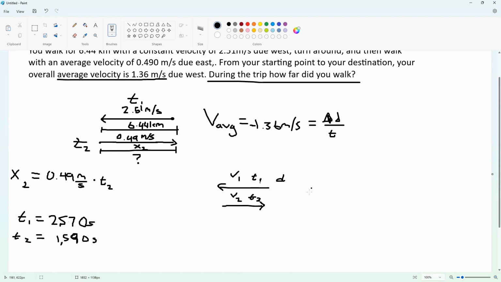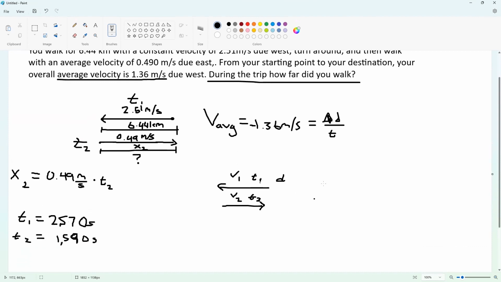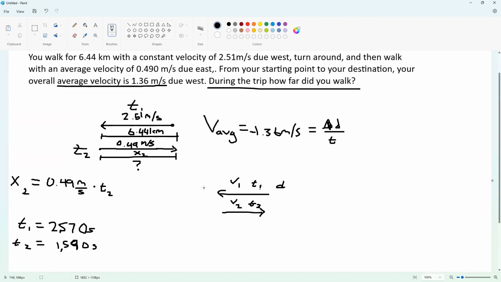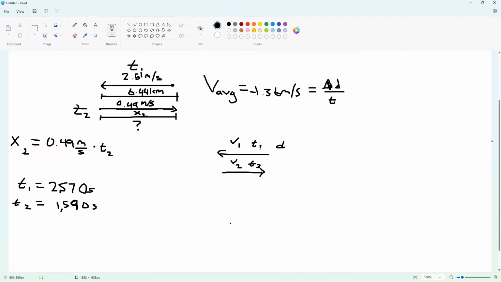Yeah, if you add the 2 displacements, then you'll get distance. But remember, you're not looking for displacement. You're looking for the distances that they covered. So it'd be v1 times t1, because velocity in meters per second times some time is equal to meters, distance.